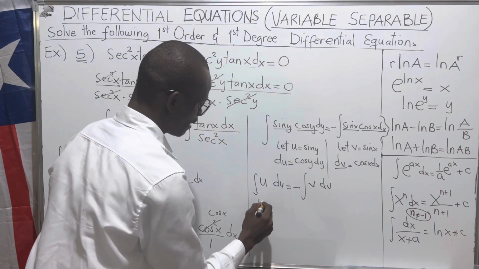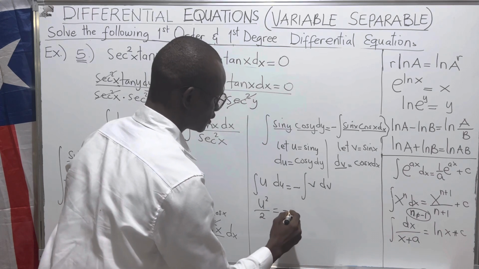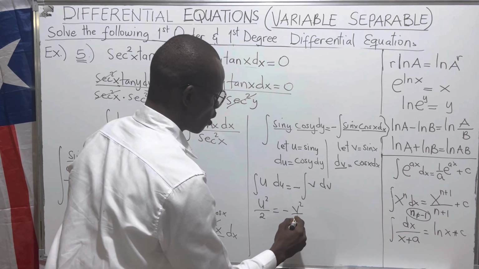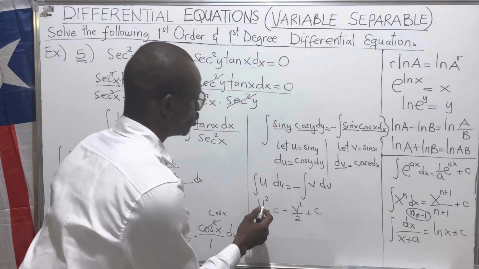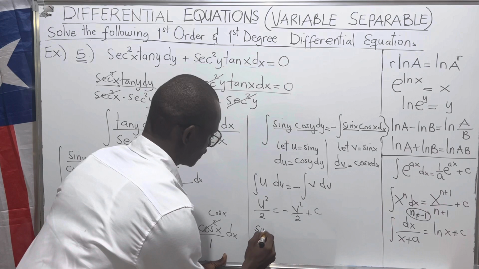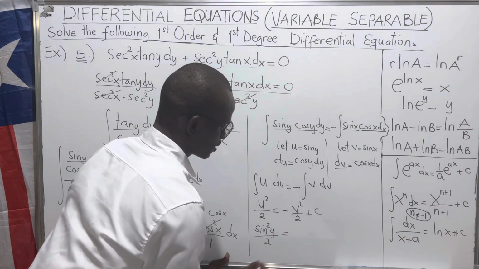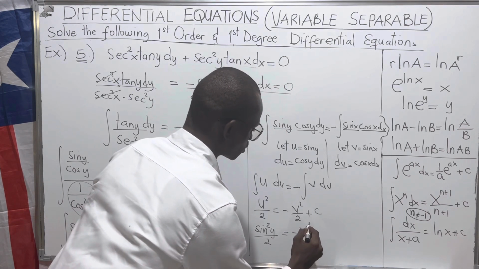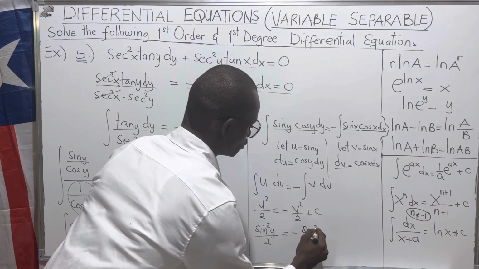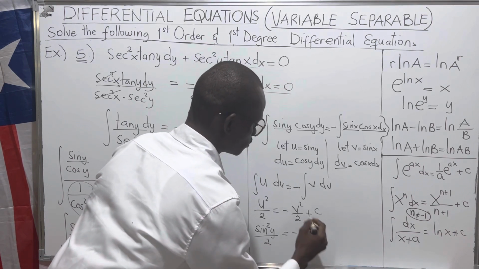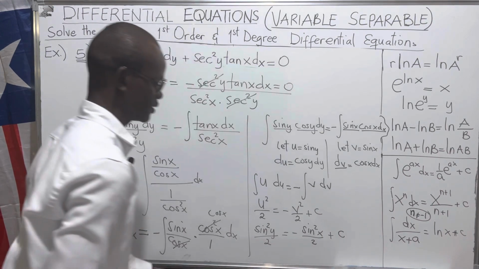So we integrate. We have u squared all over 2 equals minus v squared all over 2 plus some arbitrary constant c. So what is u? u is sine of y, so it's sine squared y all over 2 equals minus, and v squared now is just sine squared x all over 2, and then we have plus arbitrary constant c.